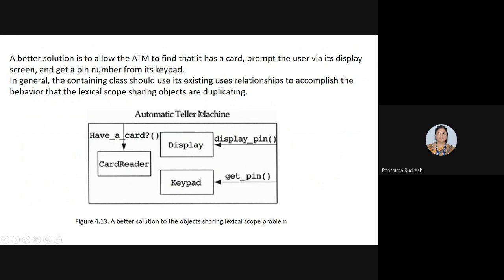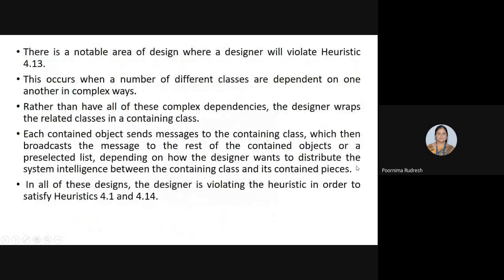Then the containing class in turn broadcasts that message to all the contained objects present in this containing class. Clear? That is the case, which then broadcasts the message to the rest of the contained objects in a pre-selected list, depending on how the designer wants to distribute the system intelligence between the containing class and its contained pieces.